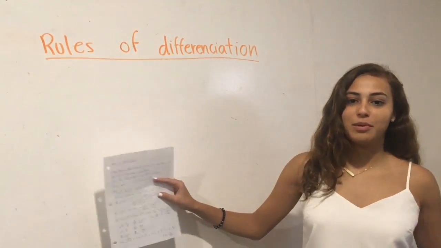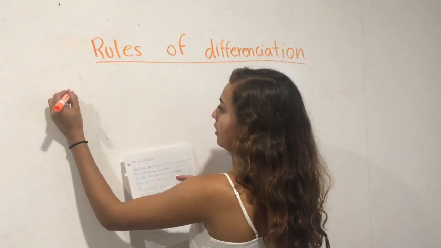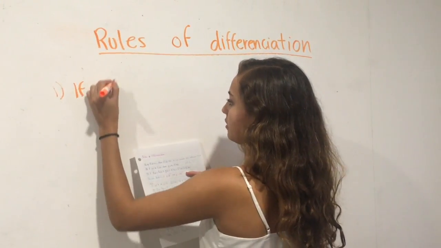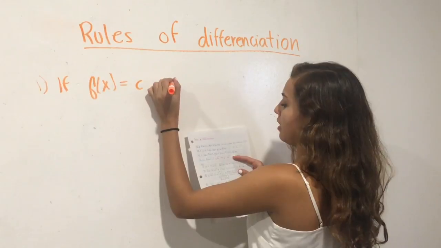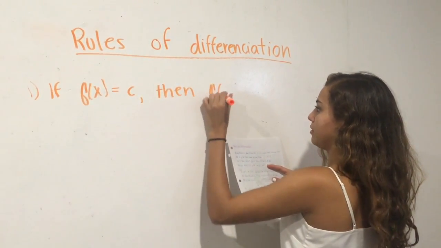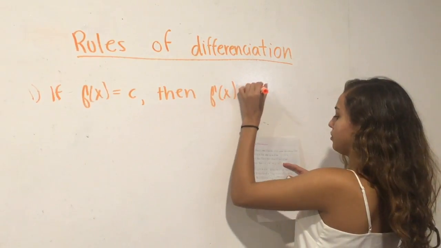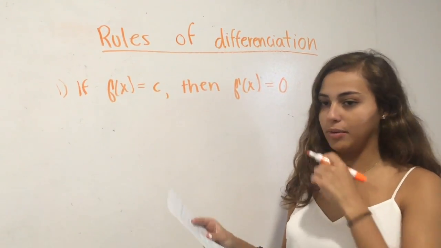First, we're going to remember the rules of differentiation, which are: number one, if f of x equals c, then f prime of x is equal to 0. The c in this case represents a number.